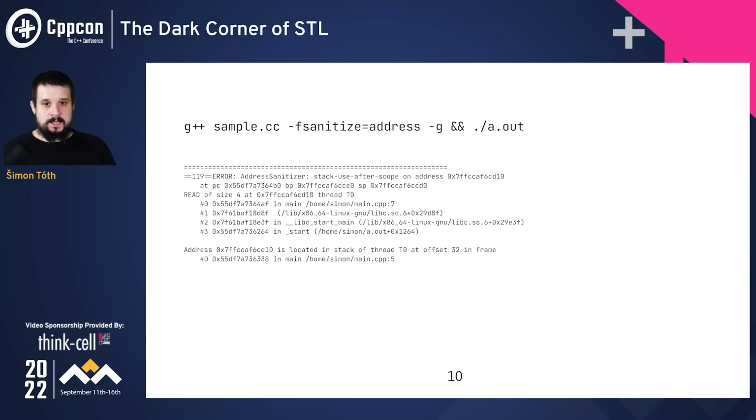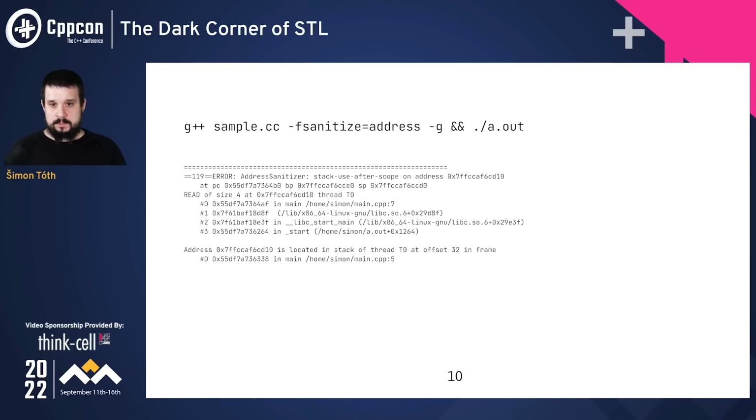Now, the really sad part here is that, unfortunately, there is no way to detect this at compile time. None of the compilers that I have tried will issue a warning. And the same goes for static analyzers. I tried clang tidy and CppCheck.